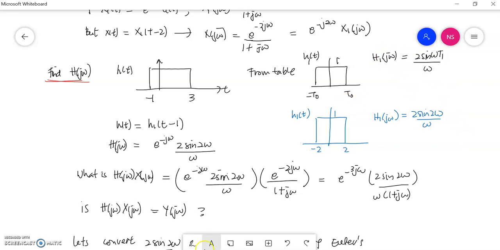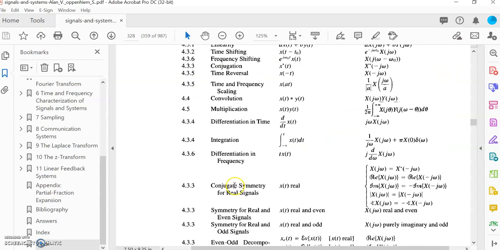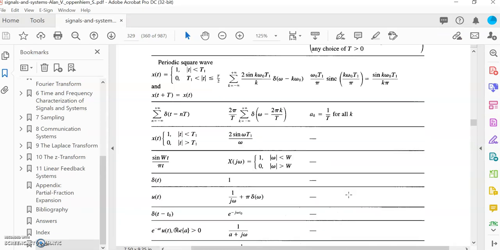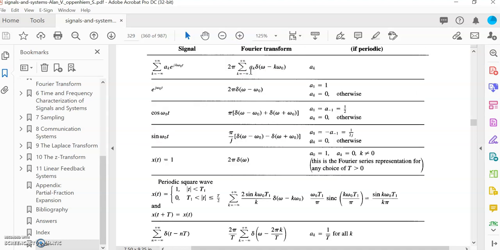This is from the table. I'll show you here. This is the Fourier transform properties, and below here you have this pulse, 1 between minus t1 to t1 and 0 beyond t1. So you have this as your Fourier transform.